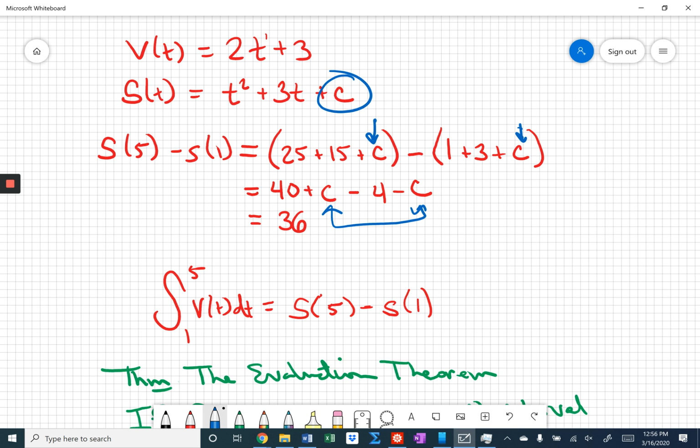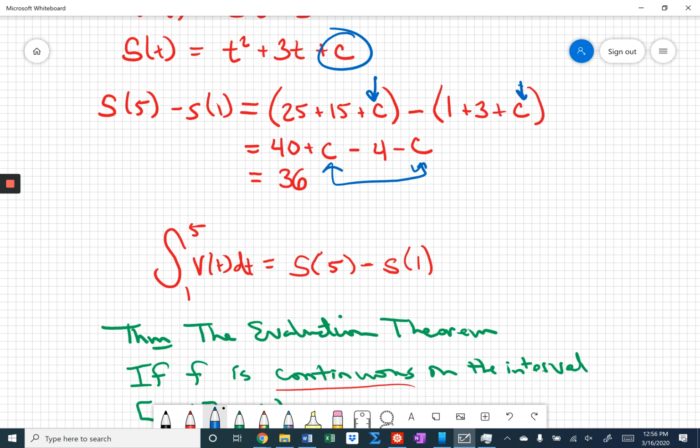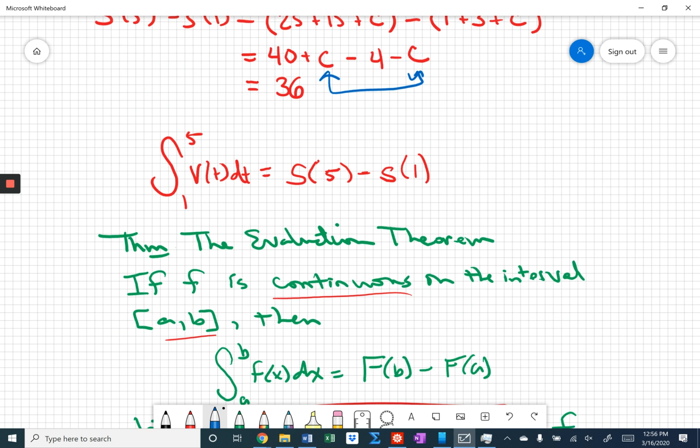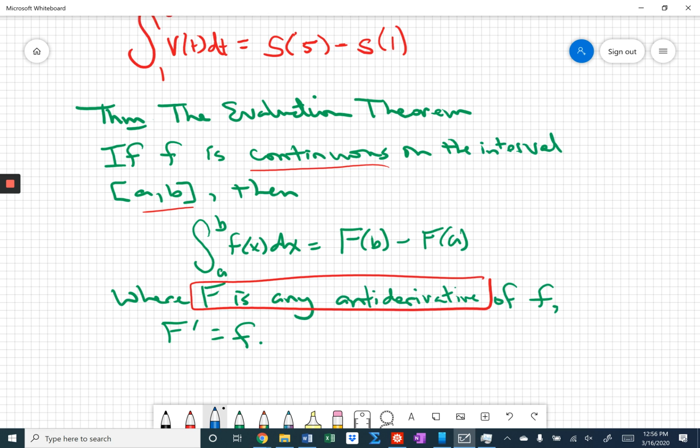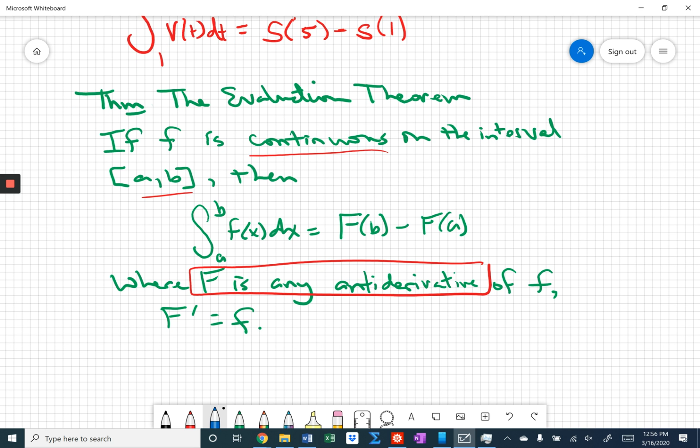So C is irrelevant to us. We don't need the most general antiderivative. We just need an antiderivative, and this will work out. So as part of the evaluation theorem, again, we just need capital F to be any antiderivative.